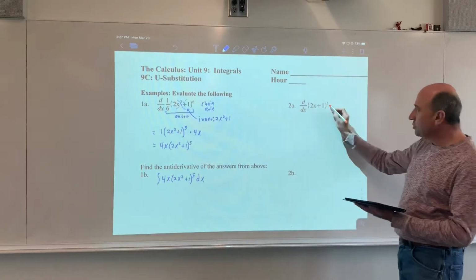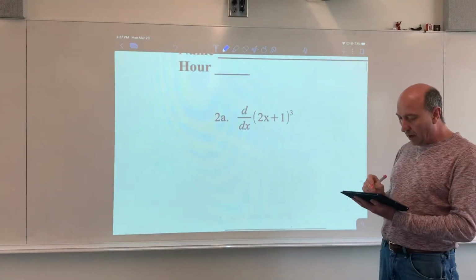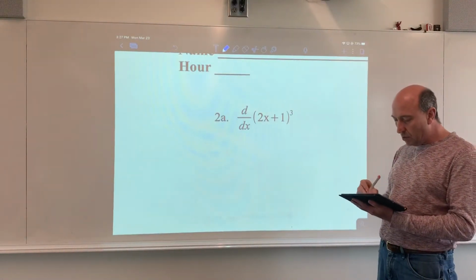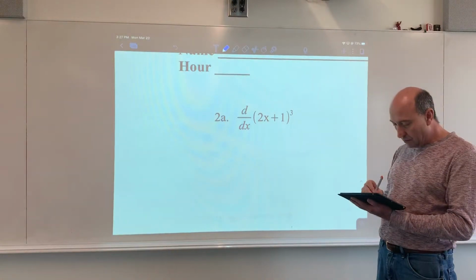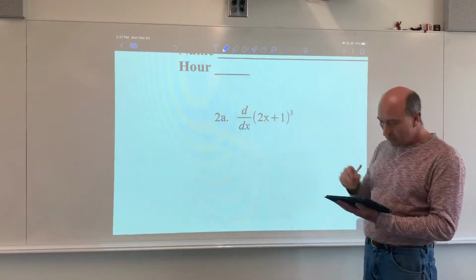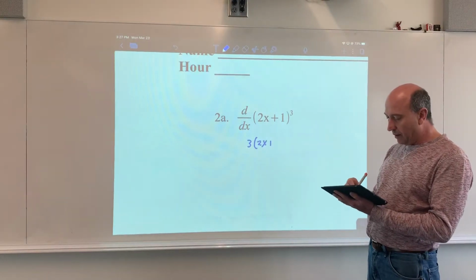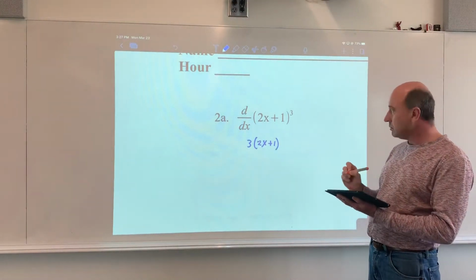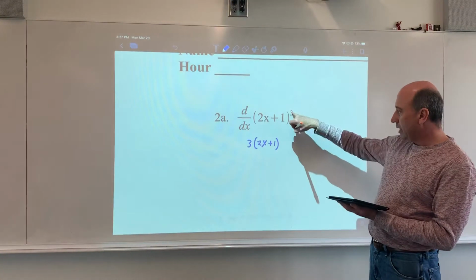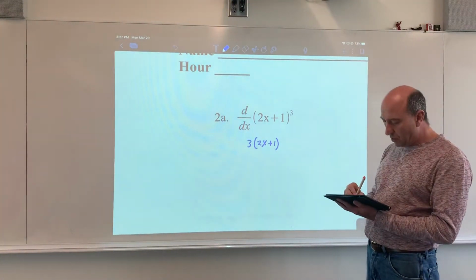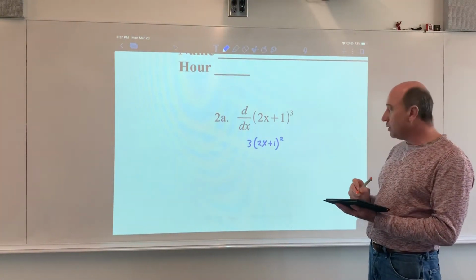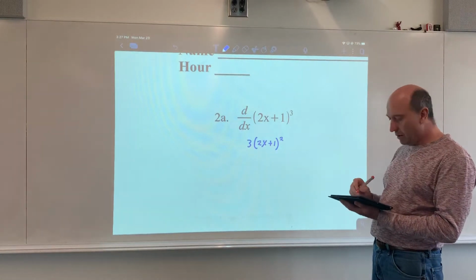The derivative with respect to x of 2x plus 1 cubed is, so 3, leave the inner formula in there. The exponent goes down by 1 to a 2. That's the derivative of the outer at the inner.